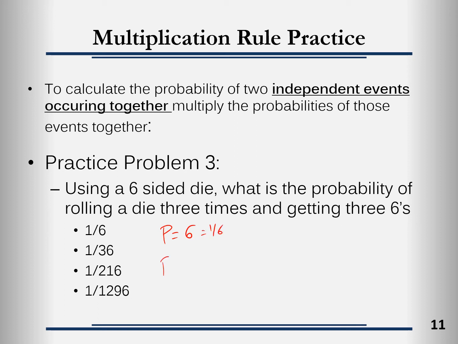So therefore, the probability of getting a 6 and then a 6 and then a 6 would be 1/6 times 1/6 times 1/6. And therefore, the answer is 1/216. Much, much lower.